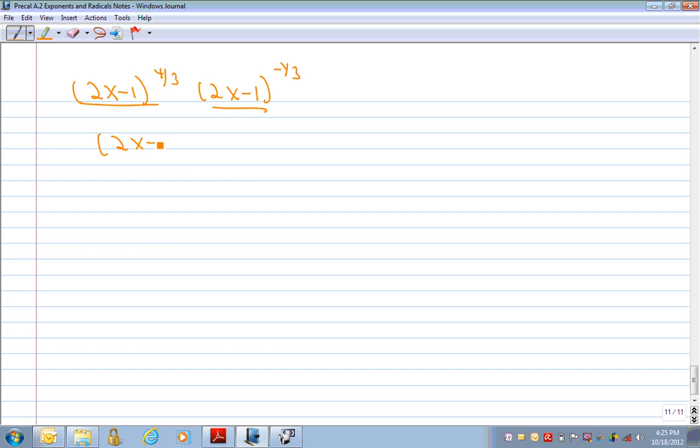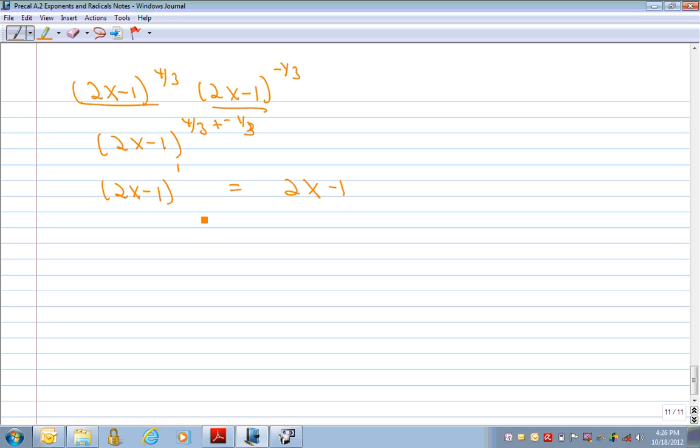So 2x minus 1, and that would be 4/3 plus -1/3, or minus 1/3. So you have 2x minus 1 to the 3/3 power, which is just to the first. Wow. So we really just get 2x minus 1 after all of that.